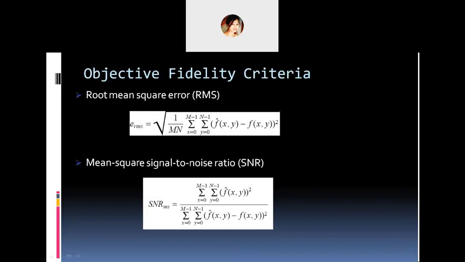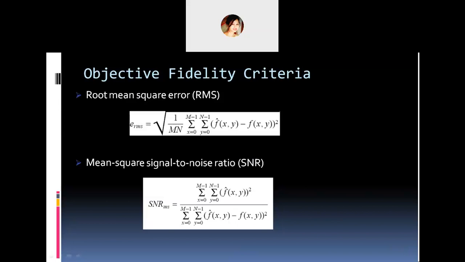Okay, what is root mean square? It's the square root of the mean.